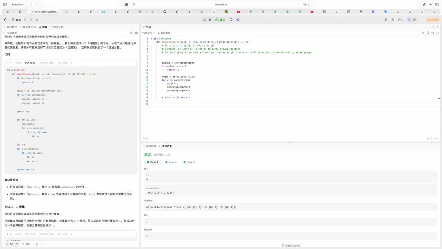So yeah, we'll have a for loop. I'll say for computer, oh, it's nodes.